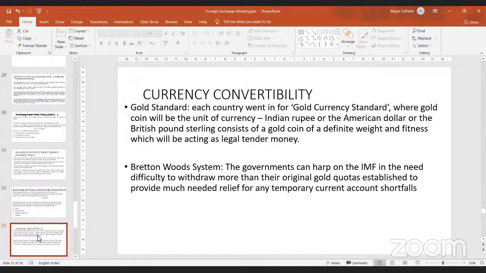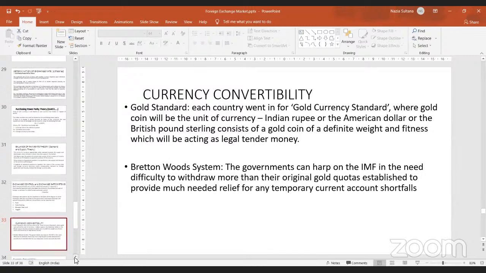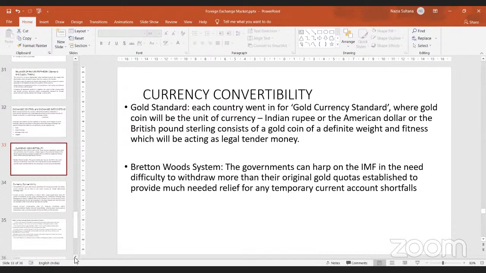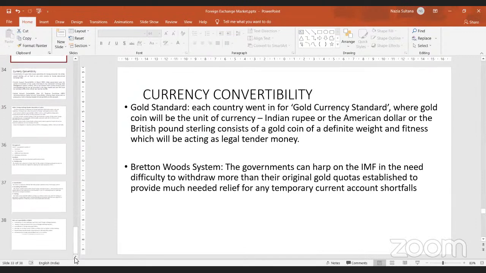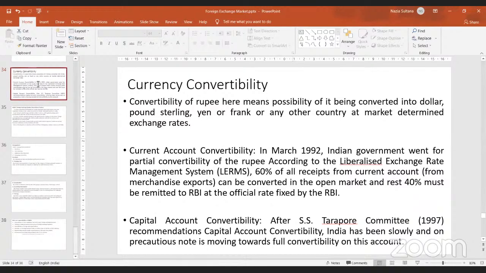Same way, as a country, when India has been given some quota in IMF and you want more money to be drawn, then you can go for an overdraft current account and overdraw more money. This was the Bretton Woods system, where governments of the world banked upon IMF for exchange of currency. Those are the two systems which were there.